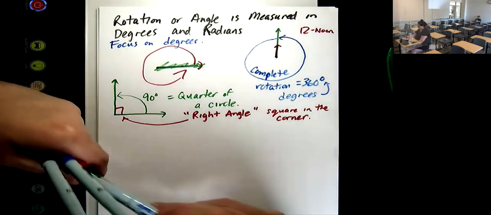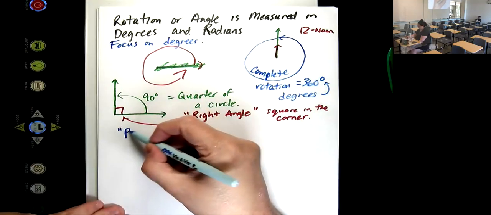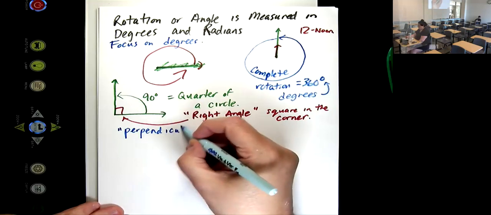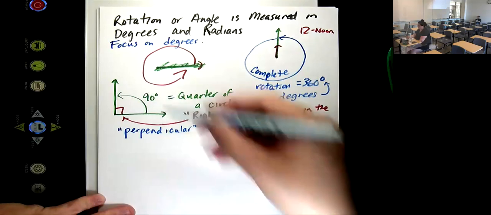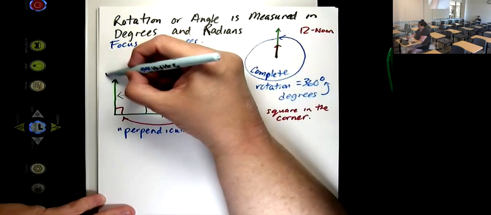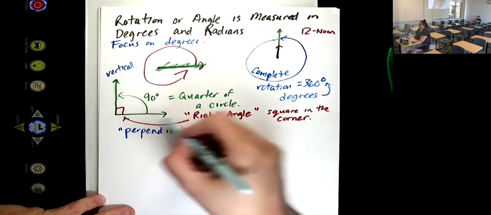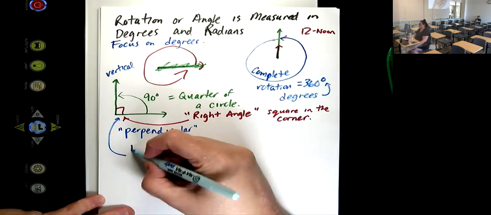These are also called perpendicular lines. These are perpendicular. When the line goes straight up, as it's doing right here, this is called a vertical line. And when it goes left and right, as it does here, that is called a horizontal line.